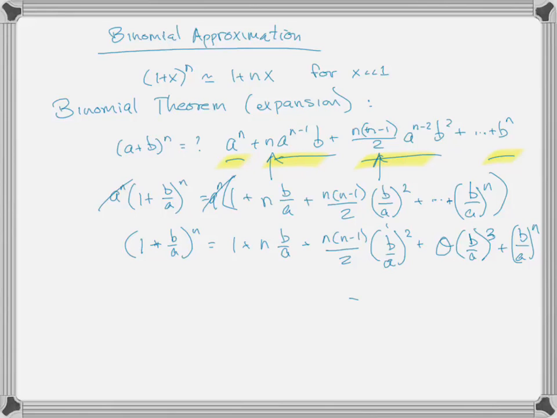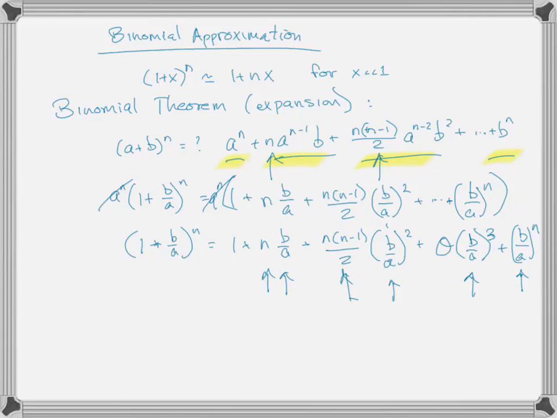We've got b over a to the first, b over a to the second, and then this means some terms with b over a cubed, fourth, fifth, all the way up to b over a to the n. And there are coefficients in front of each, like n times n minus 1 over 2, and n times n minus 1 times n minus 2 over 6, and so on. We don't care about those coefficients.